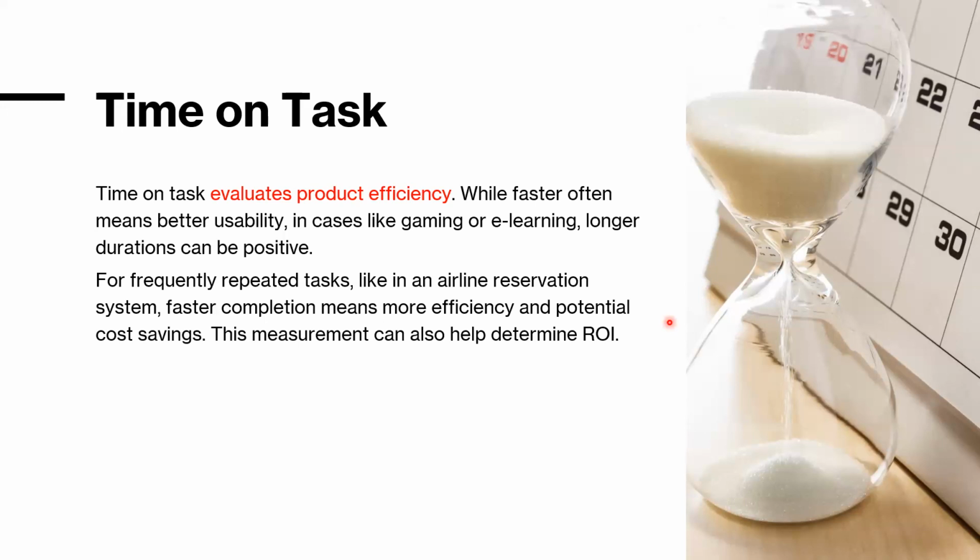It all depends on the nature of the system, the product. So anyway, time on task is very important. It relates to efficiency, how efficient your system is. Faster often means better usability, but in some cases it is not true, right?